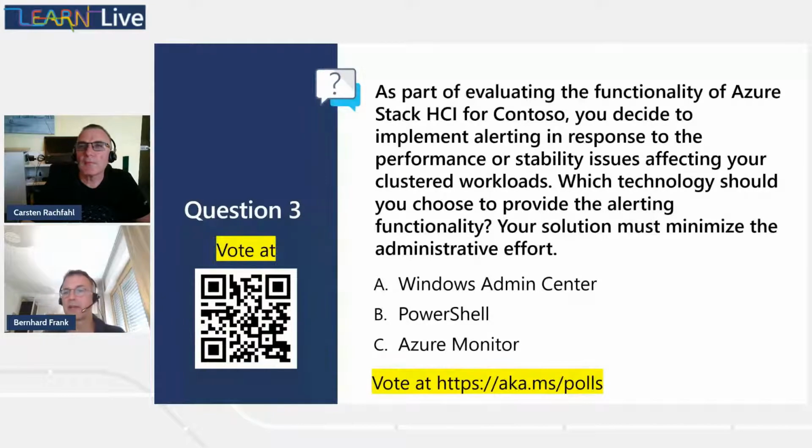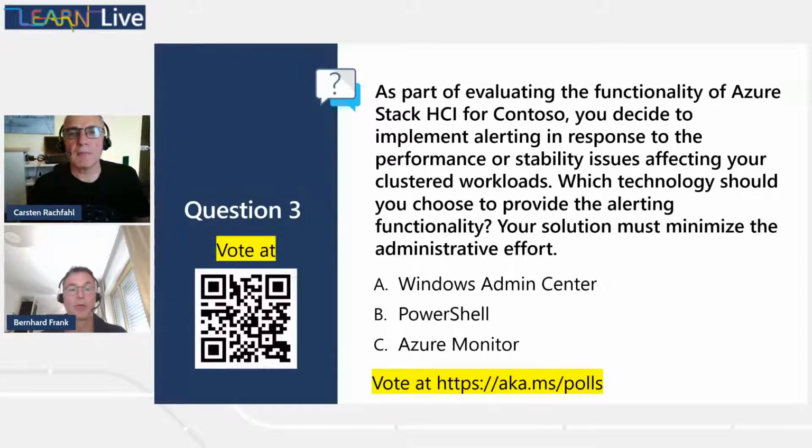As part of evaluating the functionality of Azure Stack HCI for your company, you decide to implement alerting in response to performance or stability issues that affect your clustered workloads. Which technology should you choose to provide the alerting functionality? Your solution must minimize the administrative effort.